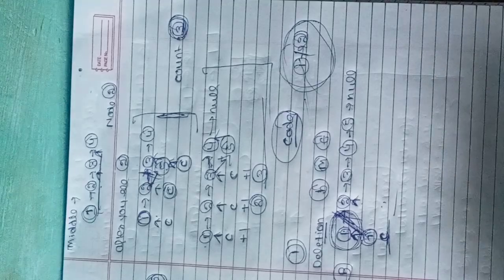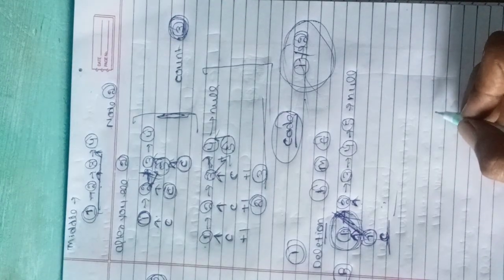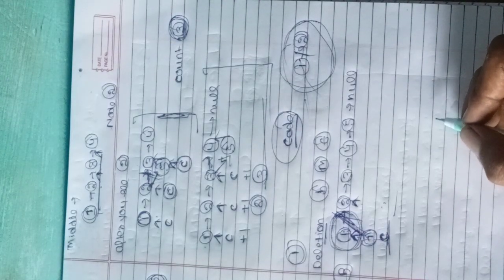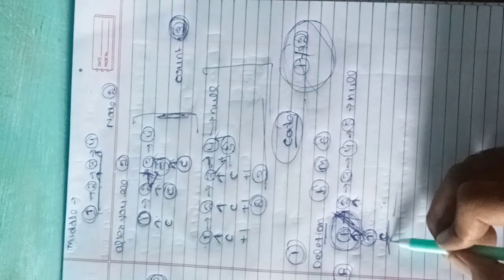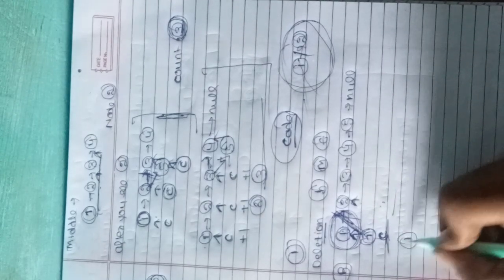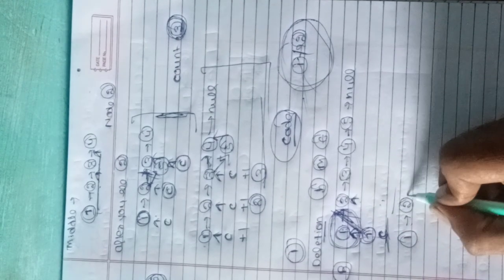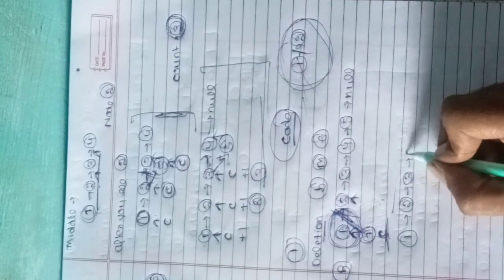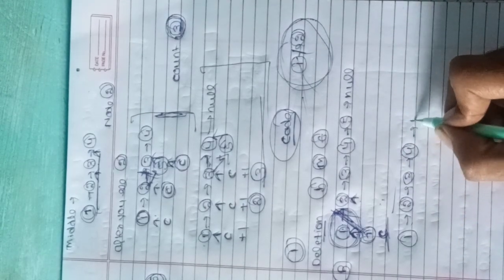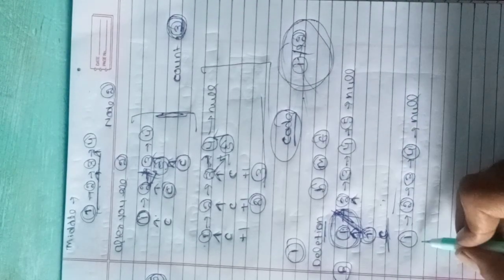Done, that simple. Now we have to delete from the end. Make a list 1, 2, 3, 4 and null, and make a current variable.